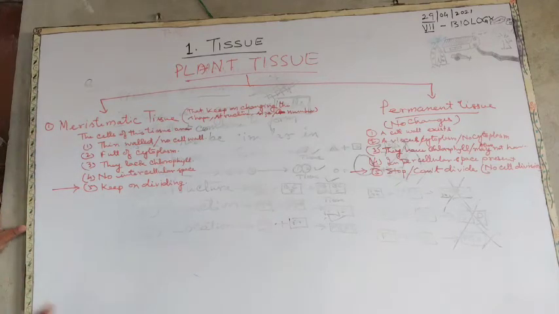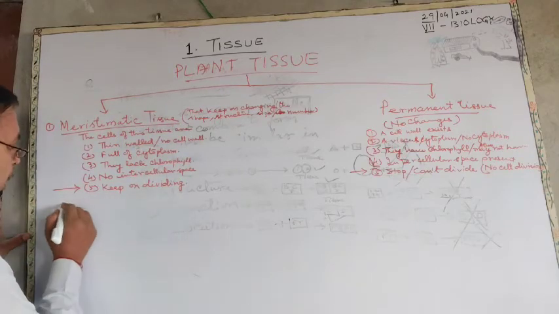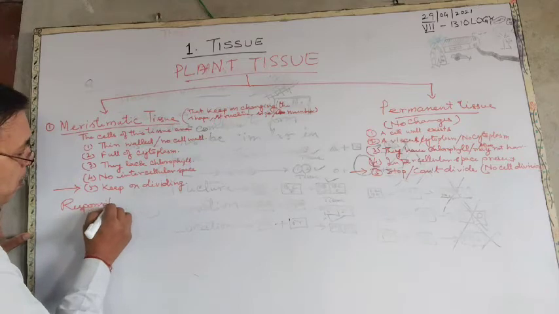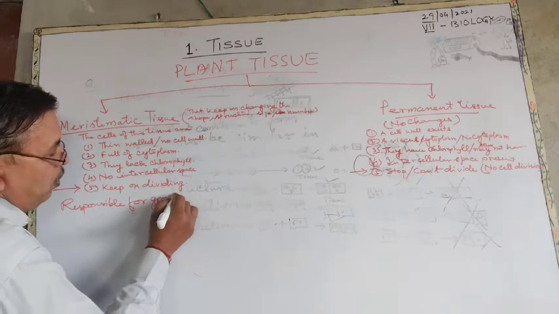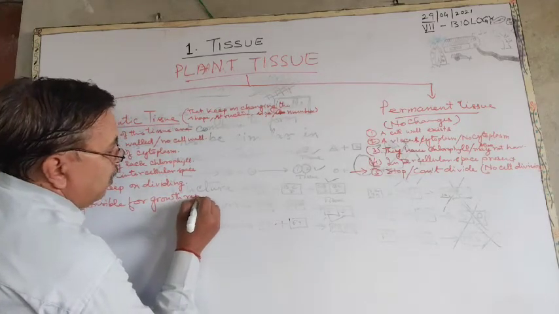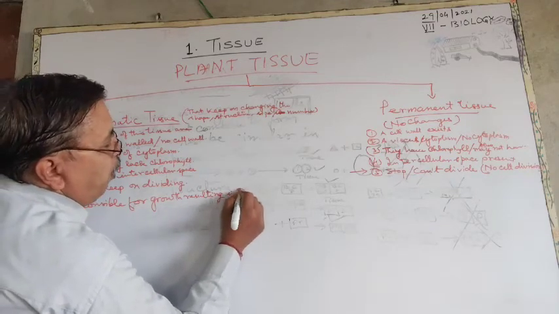So one very important thing that comes out after this much discussion is that these meristematic tissues are responsible for growth resulting in development.